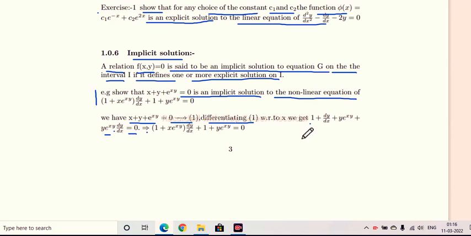This implies if we arrange dy by dx in the same form, it becomes this, because dy by dx is common, plus 1 plus this. This is an implicit solution. An implicit solution is: the equation is given and we find the differential equation, and we obtain this differential equation after solution.